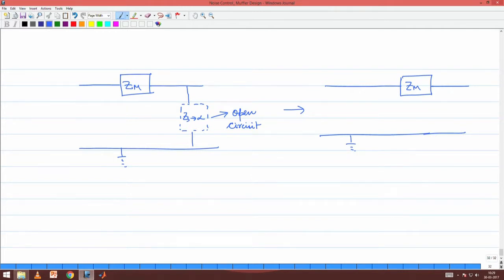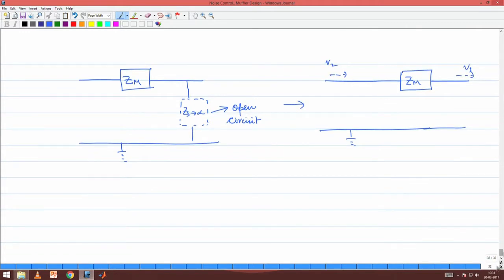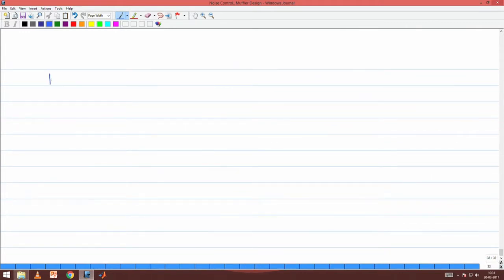Okay. Now, using these two situations, we will build up what is known as a Helmholtz resonator. This is the analog of a spring mass system in acoustics. In acoustics, we actually go the other way.